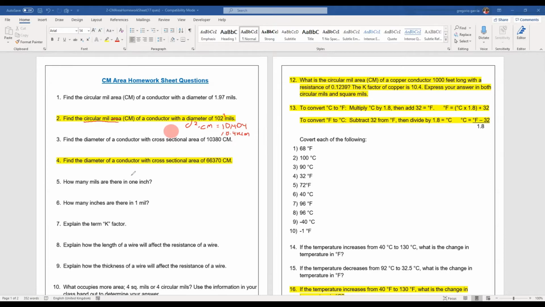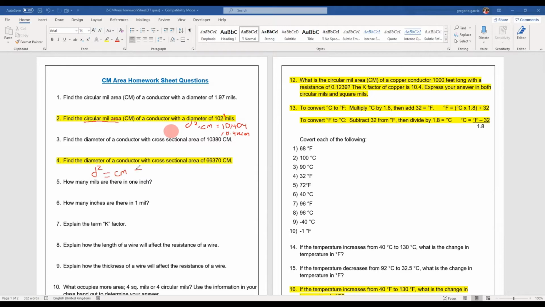Now we got to find the diameter of a conductor with a cross-sectional area of 66,370 circular mils. Okay, so we have this many circular mils, and because the formula says that d squared is equal to cm, all we have to do is just to transpose. So this exponent is going to go to the other side of the equal sign, performing the inverse operation.